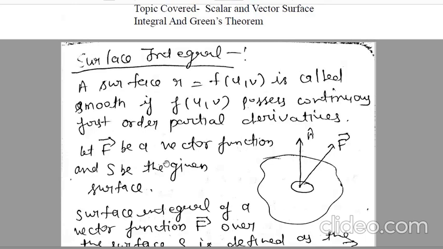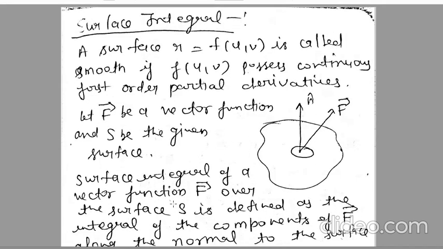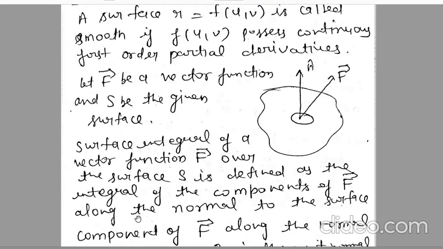Let F vector be a vector function and S be the surface. So we need two things, a vector function and a surface, then we can make a surface integral, right? Now, the surface integral of a vector function F over the surface S is defined as the integral of the component of F vector along the normal to the surface.